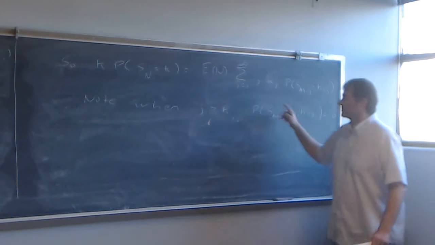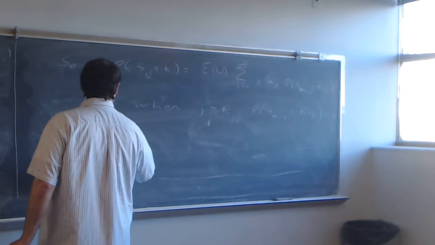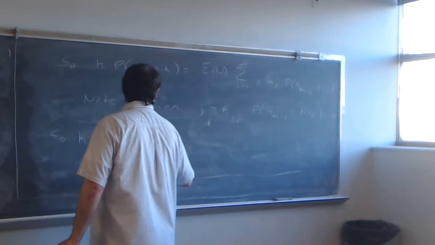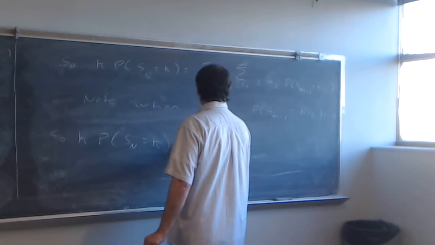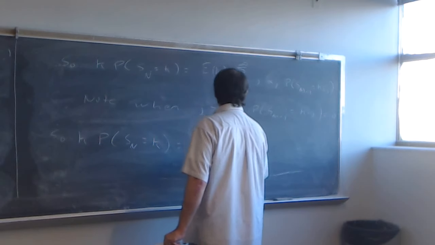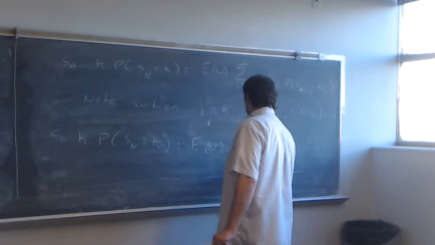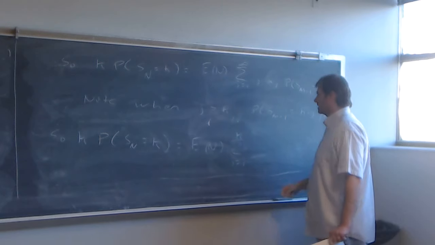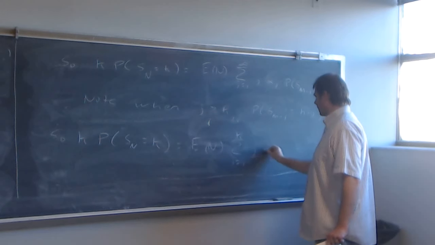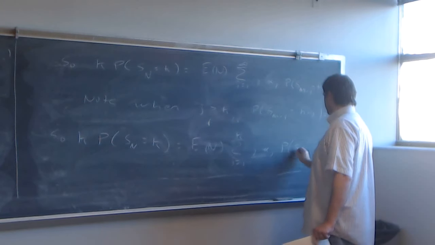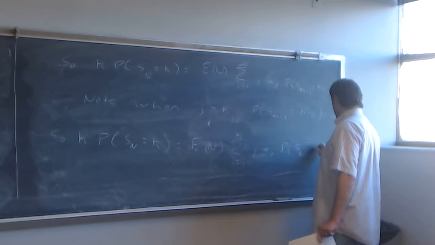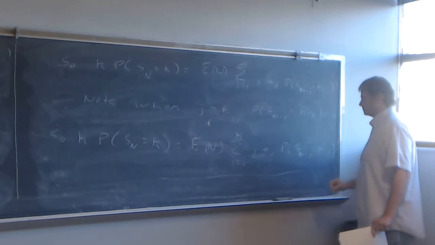So that's 0. So this is the same thing as k times the probability that S of n is equal to k is equal to the expected value of n times the sum as j runs from 1 to only k is all you need, of j, alphas of j, probability S of m minus 1 equal to k minus j.